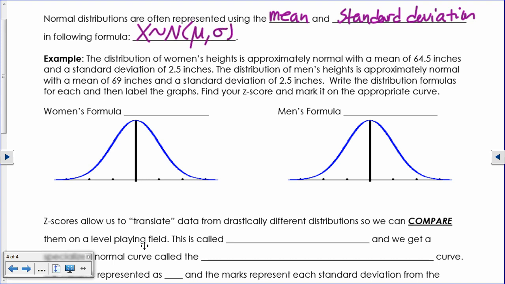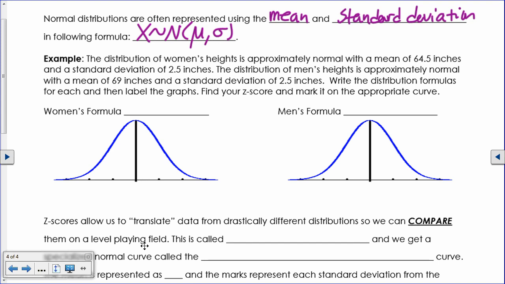X, squiggle, then capital N, parentheses, mu, comma, sigma, parentheses. So, capital N. What this means in words is that X, the data point, is approximately normal when the mean is this and the standard deviation is that.